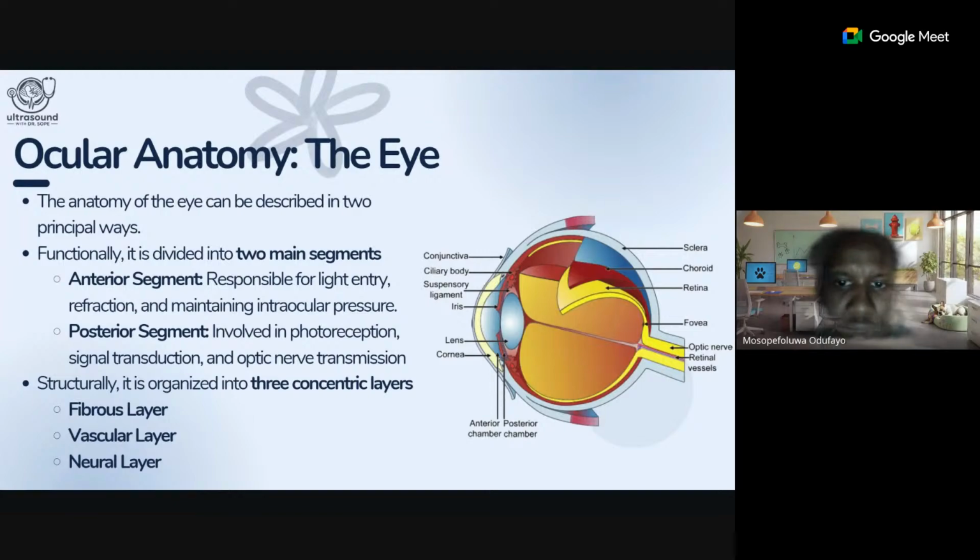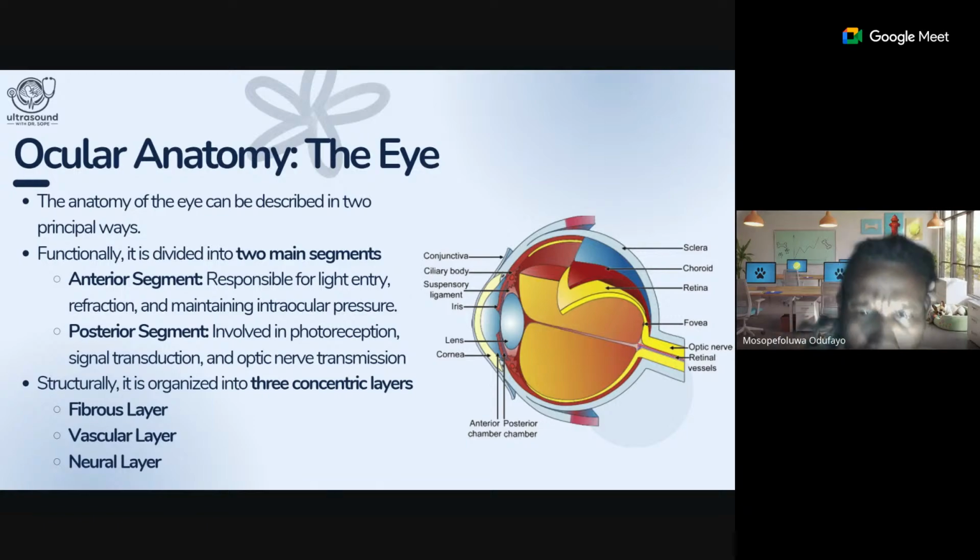The posterior segment is involved in photoreception, signal transduction, and optic nerve transmission, meaning that light comes in by virtue of what happens in the anterior segment, while the posterior segment receives and converts the light into electrical energy or action potential for transmission within the nerves and interpretation.